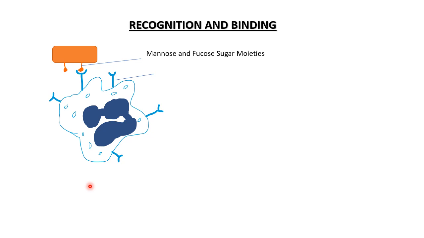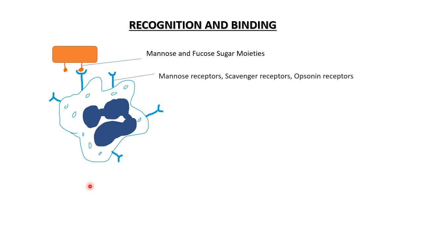You don't want to start fighting against your own host cells. If the opposite happens, whereby your immune system starts fighting against your own host cells, that's when we have immune mediated infections or disorders.